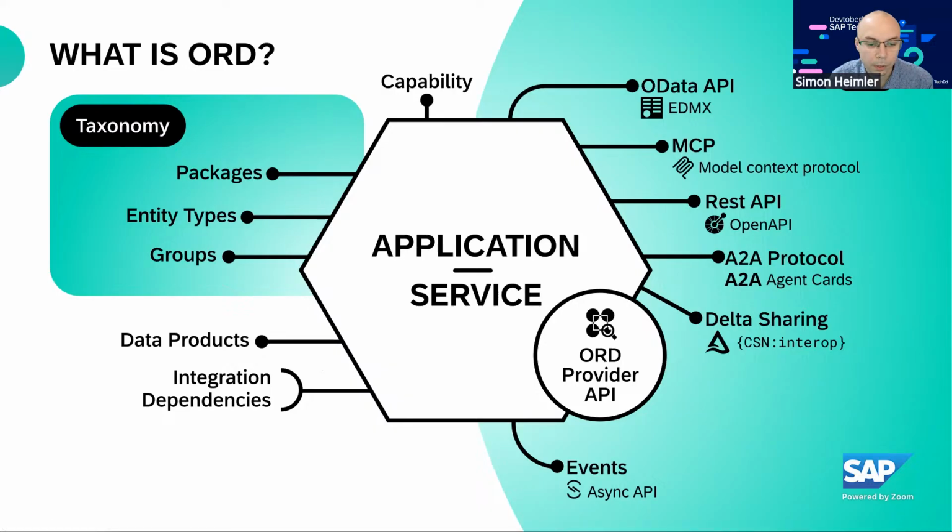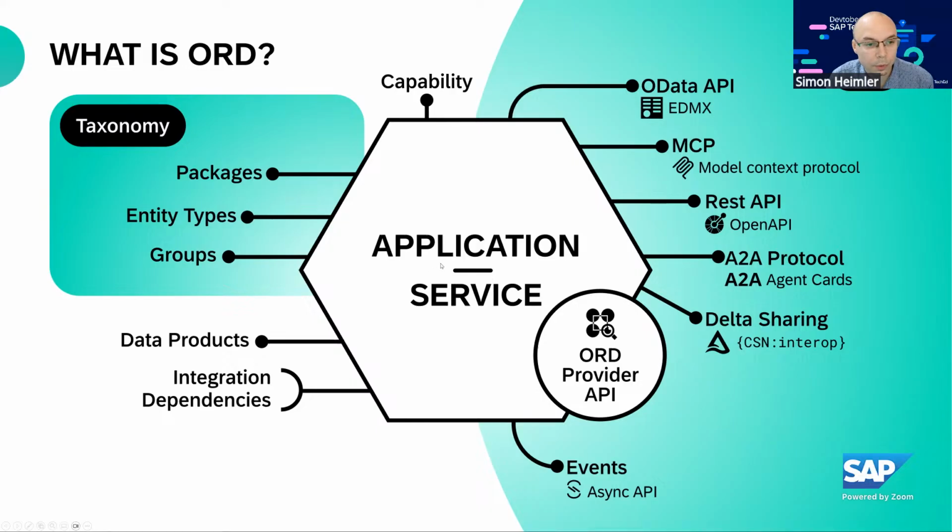If we want to treat data as its own product, we might also want to describe it as such if the application hosts it. We might also be interested in something we call integration dependencies, so if this application also needs resources from a different application. That's how we also understand how things can be put together in practice later.